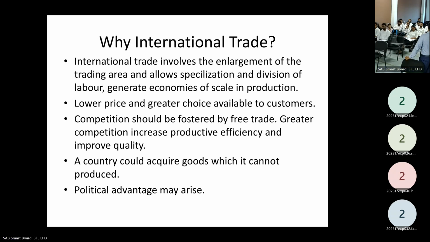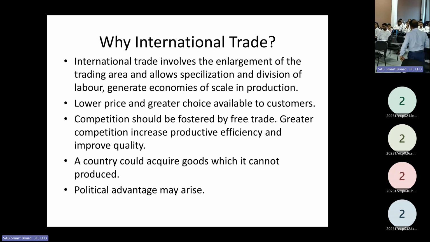If we are producing for the domestic market, our market is in our geographical area. If we are exporting, that means we are trying to expand the market.